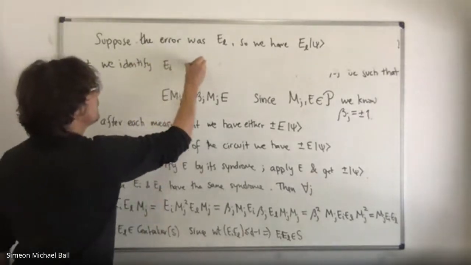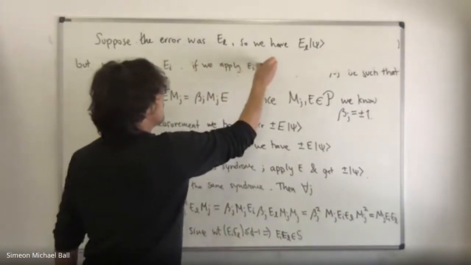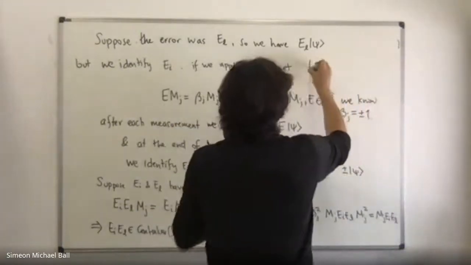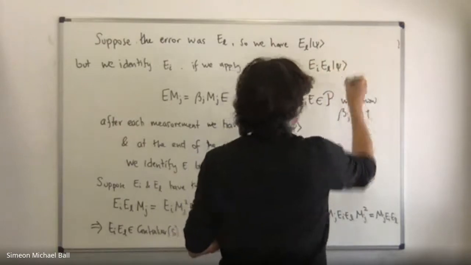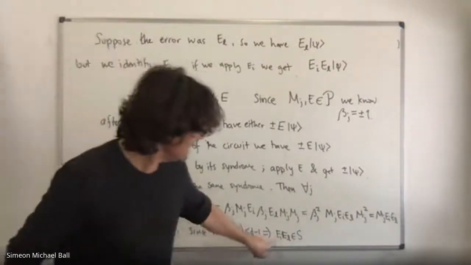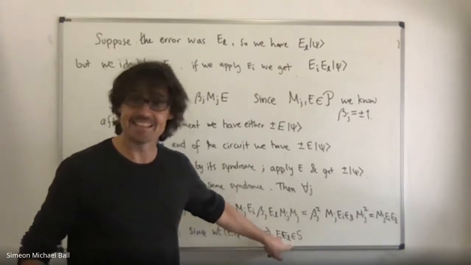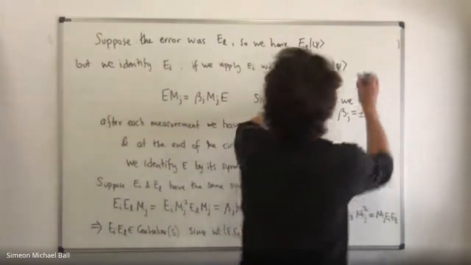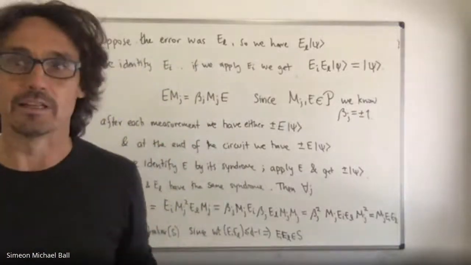If we apply E_i, we get E_i E_l psi. But E_i E_l is in S. So psi is an eigenvector of eigenvalue 1 of this operation. And we have recovered psi anyway.